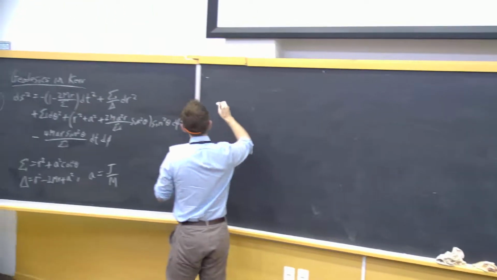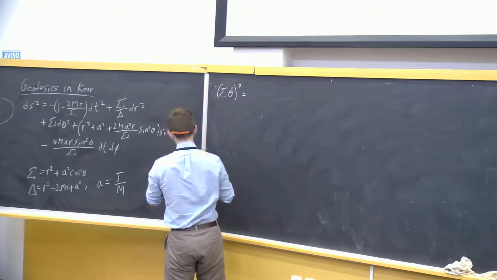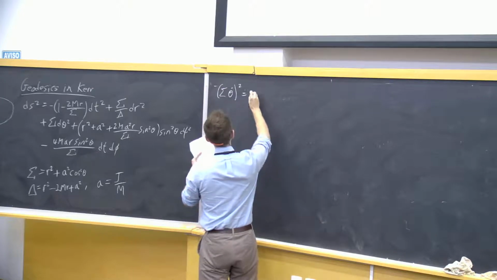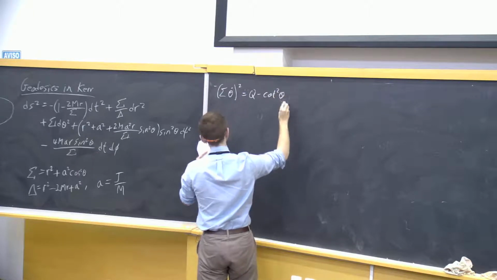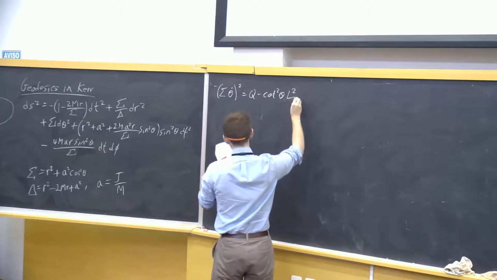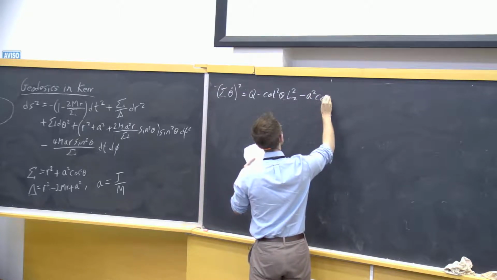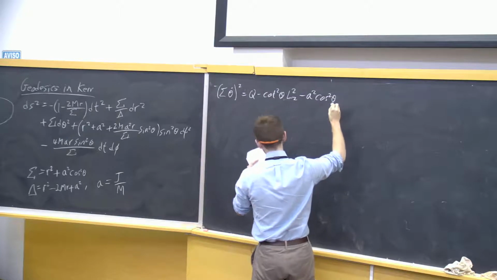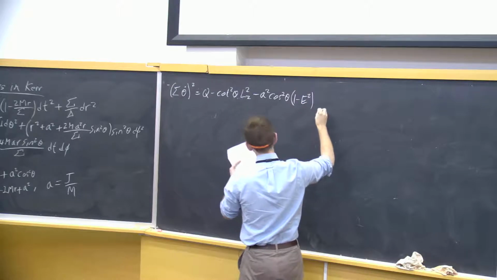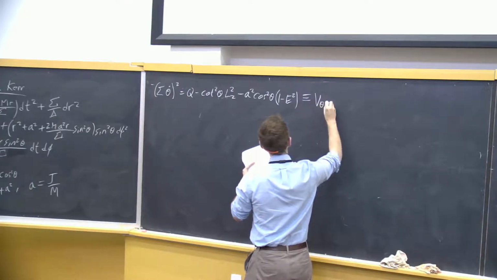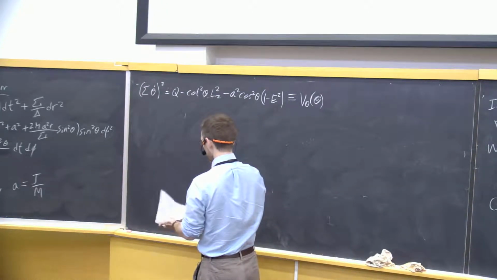Okay, so 4 equations for theta dot. We have sigma theta dot squared equals Theta, LZ squared minus A squared cos squared theta, 1 minus E squared, and define this to be V theta, which only depends on the polar angle on the orbit.